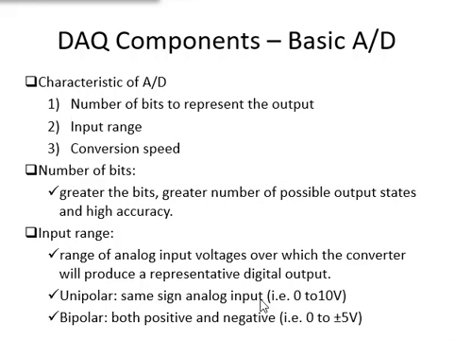Examples of the input range are 0 to 5 volt or 0 to negative 10 volt. Bipolar converters can convert both positive and negative analog input, with plus minus 5 volt or plus minus 10 volt being typical input ranges. Many computer data acquisition systems offer the user the option of selecting a unipolar or bipolar mode.